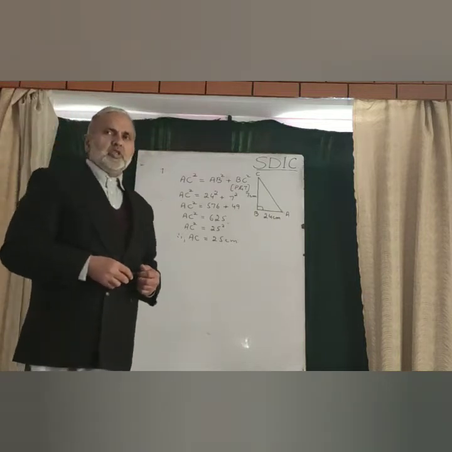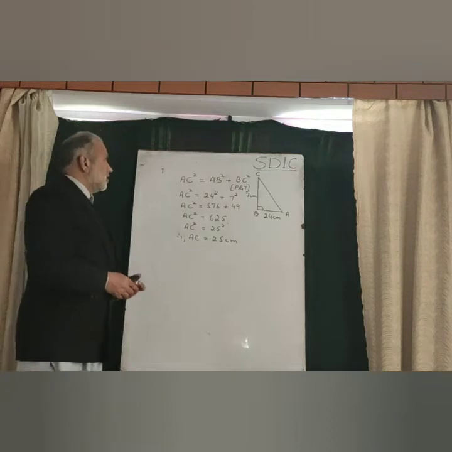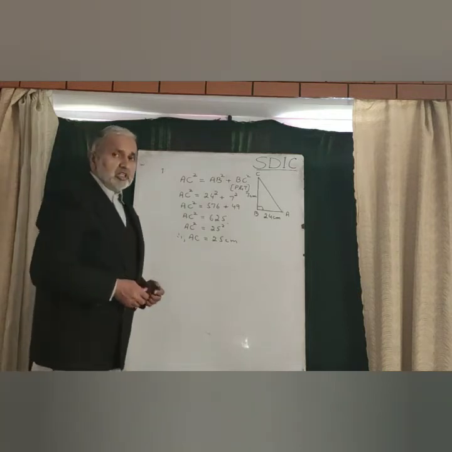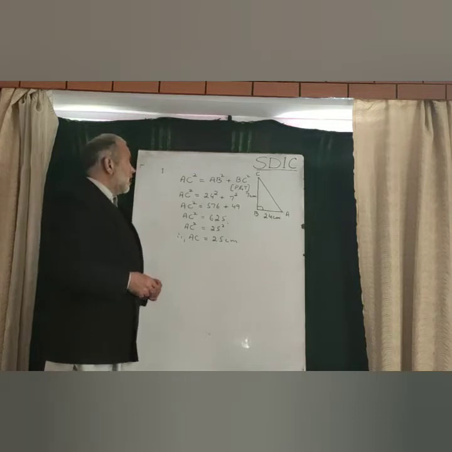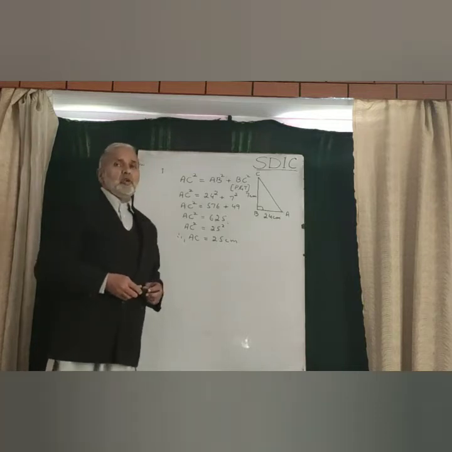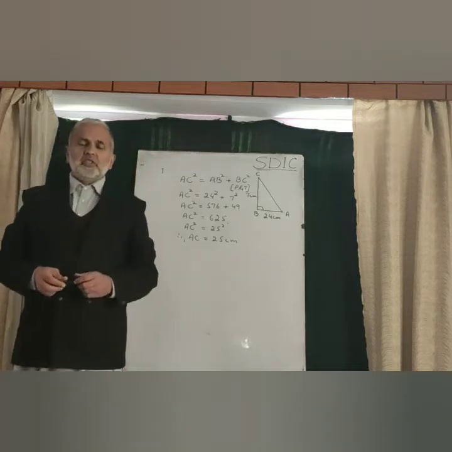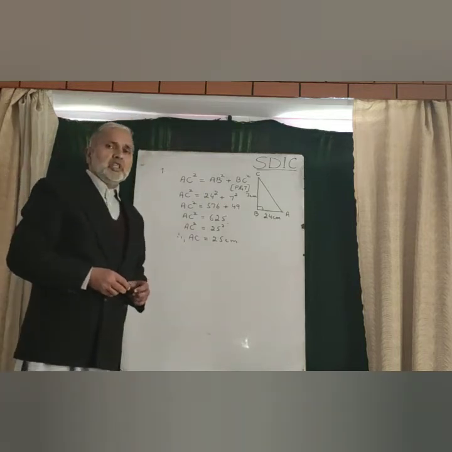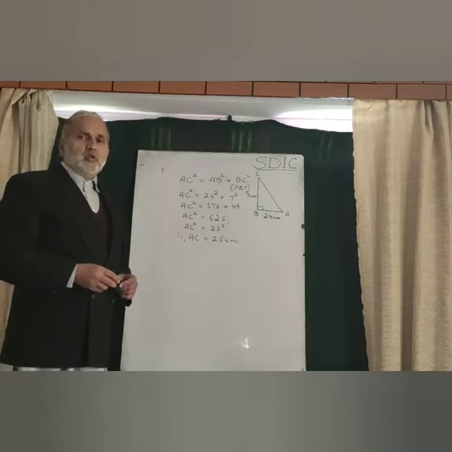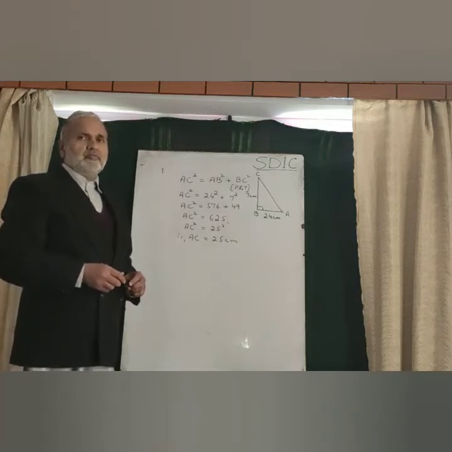Before you start using the definitions of required trigonometric ratios, the trigonometric ratios which are required there, you will have to make sure that you know the lengths of all the three sides. Since in this question, lengths of only two sides were known, therefore, we found the third side, length of third side, by applying Pythagoras theorem.